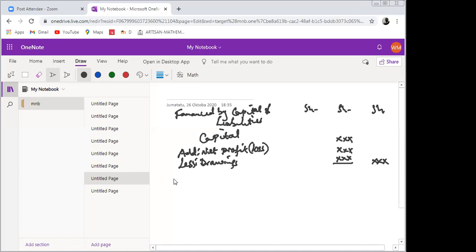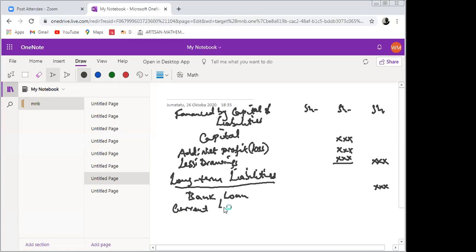And then now you can talk about the long term liabilities. In most cases, it is the bank loan. You come and put it directly there. Then you also include now the current liabilities.